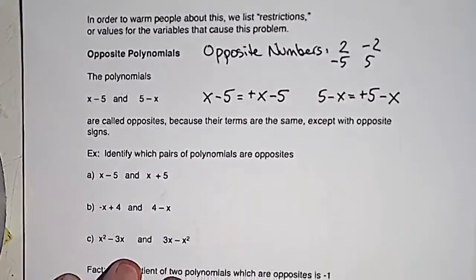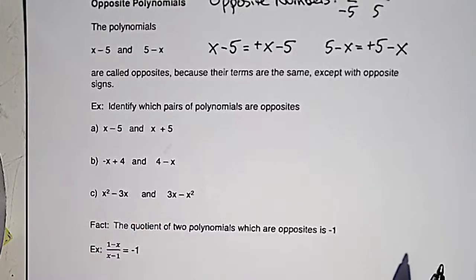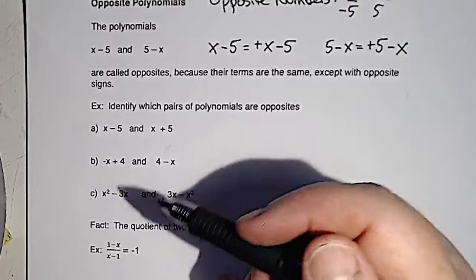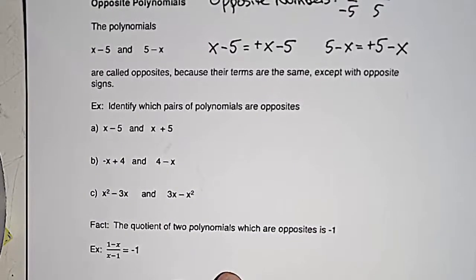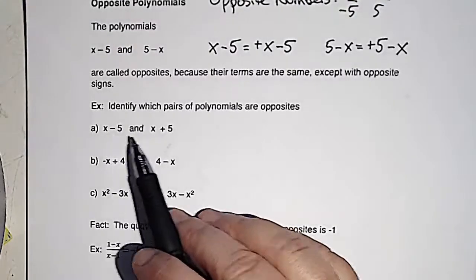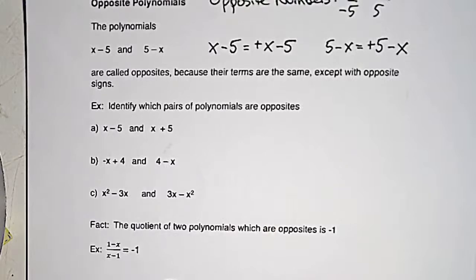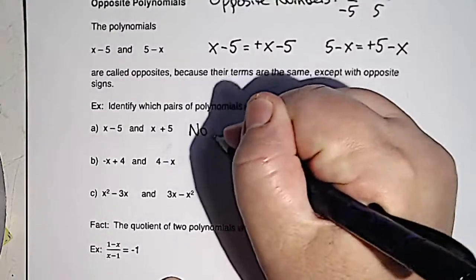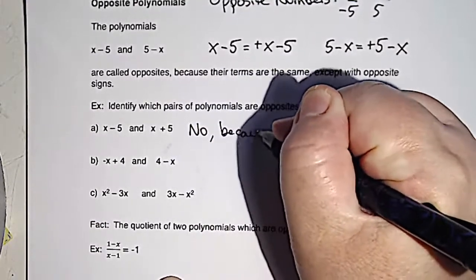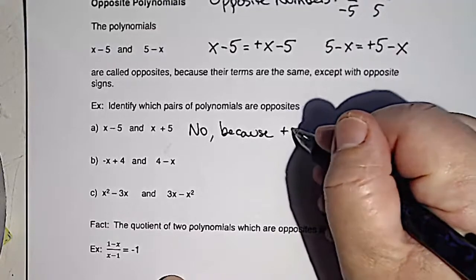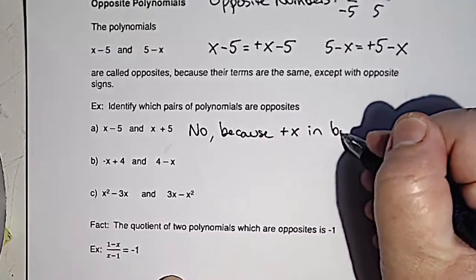So I've got 3 possible examples. And my question for you is, which, if any, or maybe all of these are examples of opposite polynomials? So x minus 5 and x plus 5, are those opposites? You're right, it's no. Because it's plus x in both.